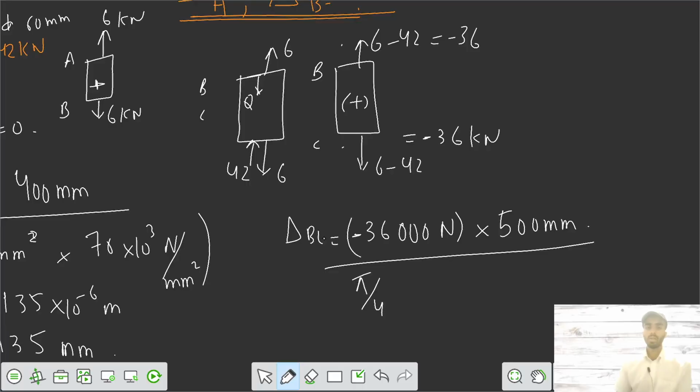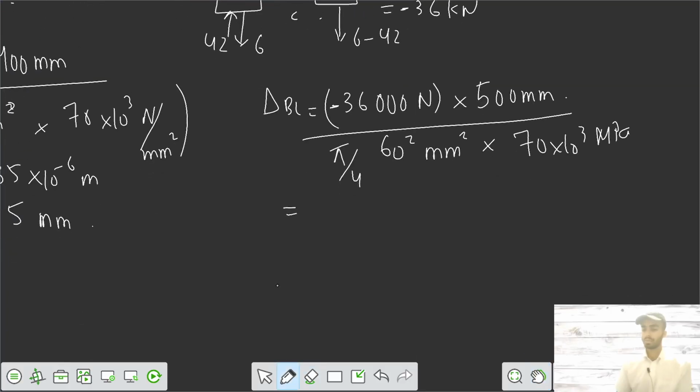Area of cross section was pi by 4 times 60 squared, 60 being the diameter, into modulus of elasticity, 70 into 10 to the power 3 megapascal. So your deformation in BC becomes minus 90.947 into 10 to the power minus 6 meter. You can convert it in terms of millimeter. We can say minus 0.0947.